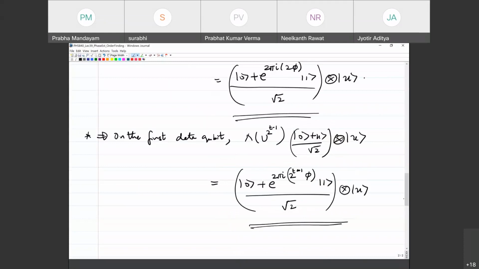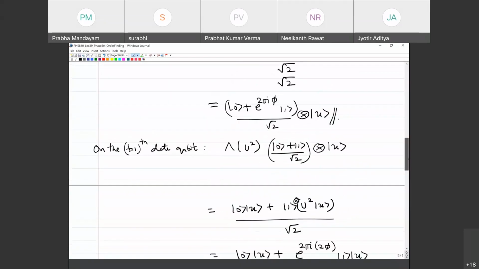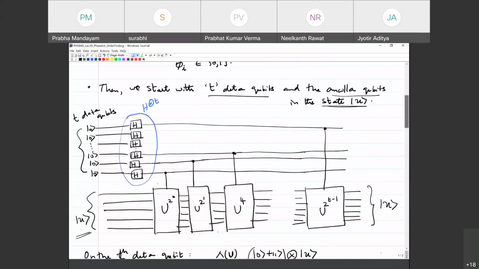So we can now write down in this circuit itself what these output states, what the states of the data qubits are going to be. I'm going to omit the 1 over root 2 normalization factors. So this is going to be 0 plus e to the 2 pi i phi ket 1.